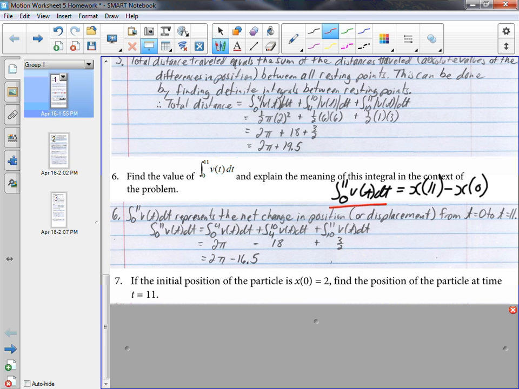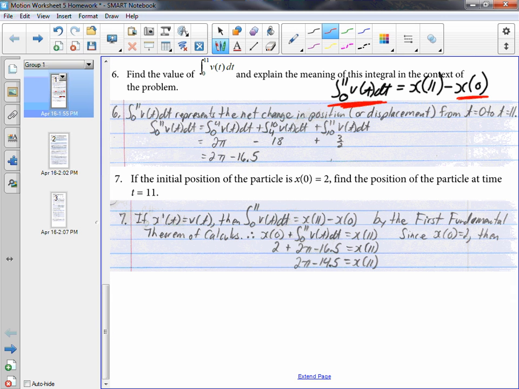Do we know that value? Yes, we just found it. Do we know this value? Yes, they just told us. So can't we solve for the value at t equals 11? That's what we're going to do.